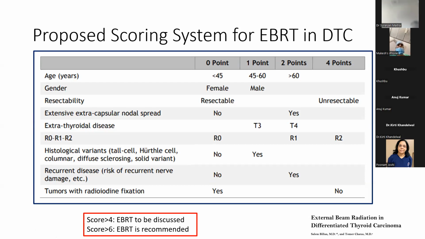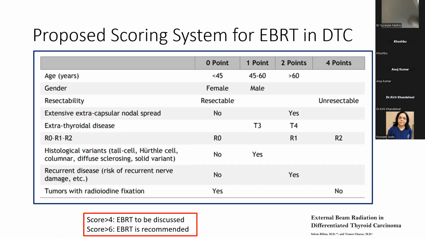Then recurrent disease. When we have recurrent disease where it is difficult to salvage surgically, then again it becomes a bad prognostic factor, and it may indicate giving external beam radiotherapy if feasible. And tumors which are radioactive iodine refractory, like when there is no radioactive iodine fixation, again become an adverse prognostic factor.